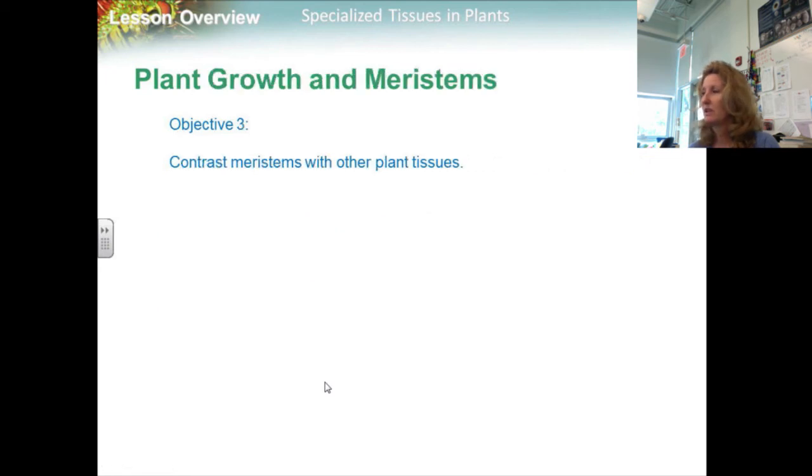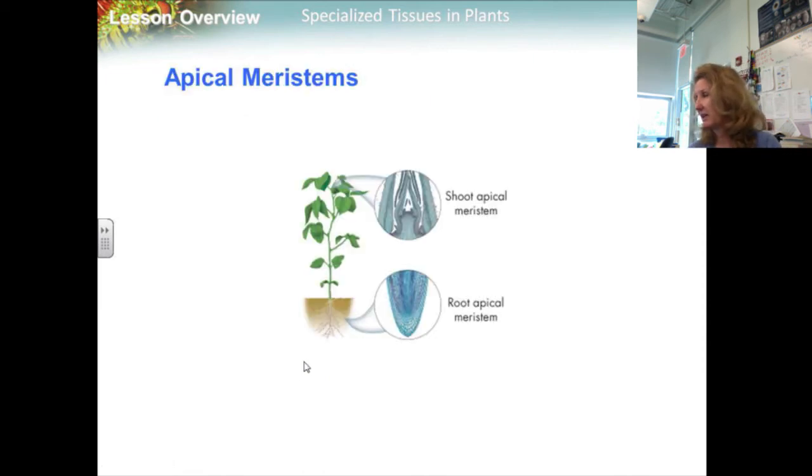All right? So objective 3 is to contrast the meristems with other plant tissues. Apical meristems. Because the tip of a stem or root is known as its apex, meristems in these regions are called apical meristems.